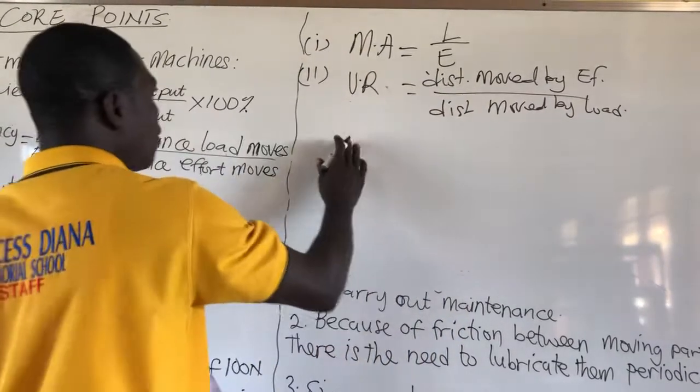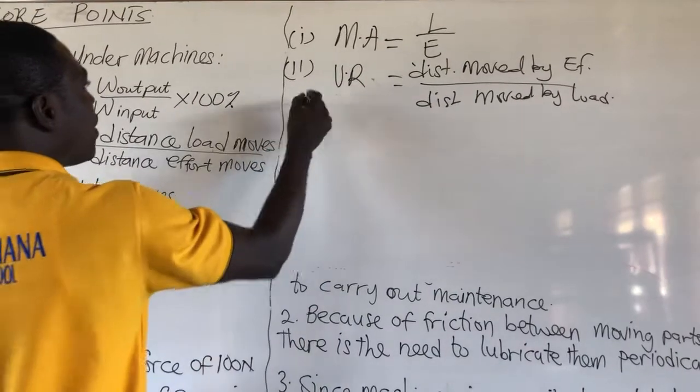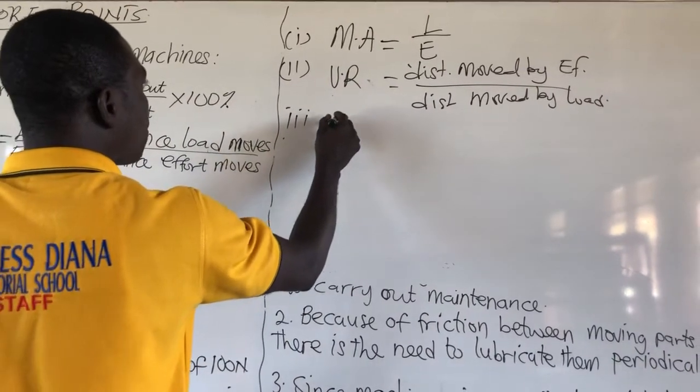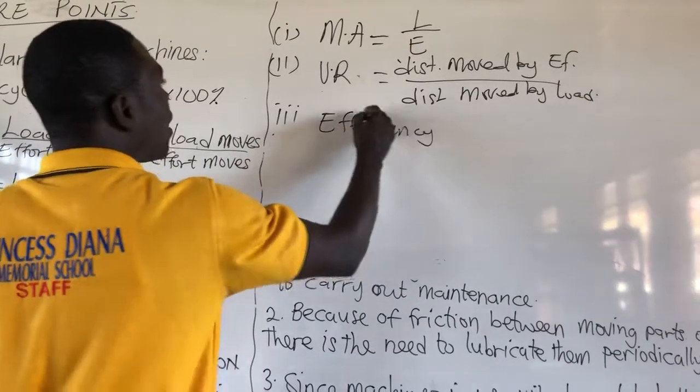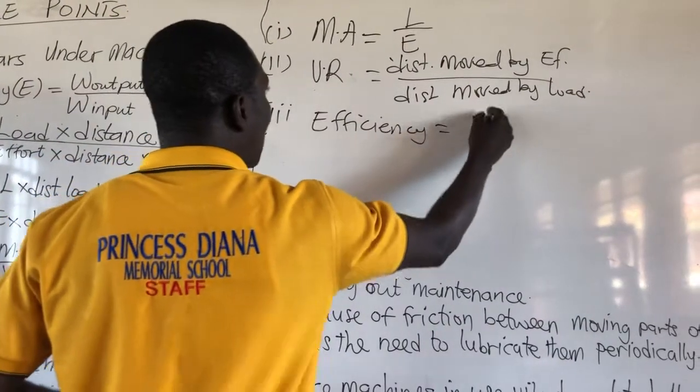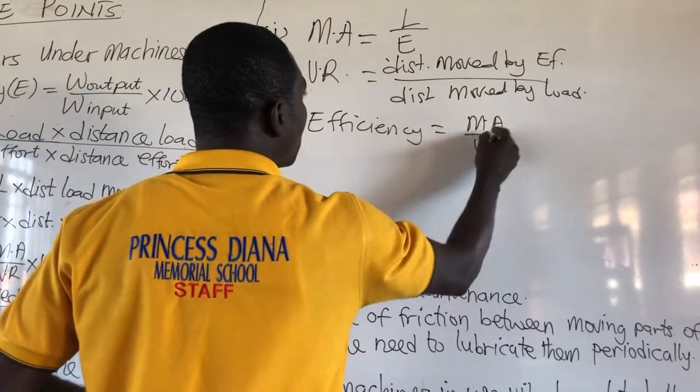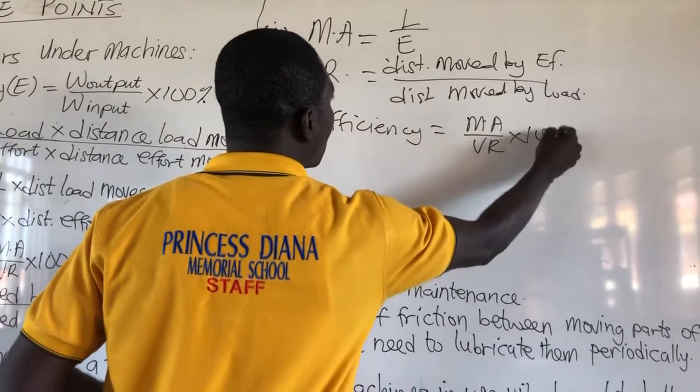Okay. And the last, which is the efficiency, we can express efficiency of a machine as the mechanical advantage over the velocity ratio times 100%.